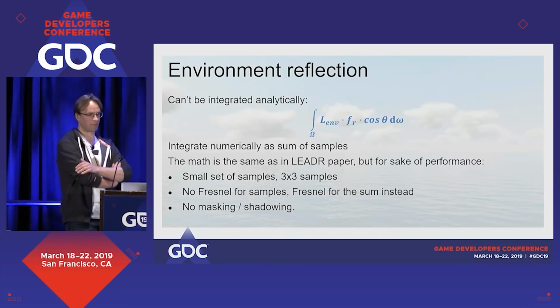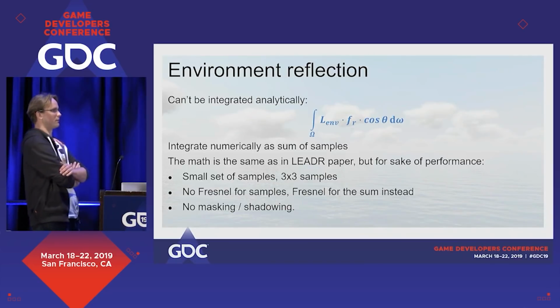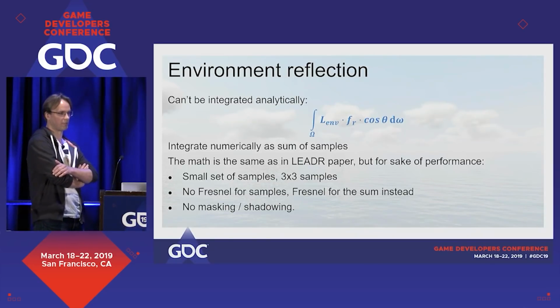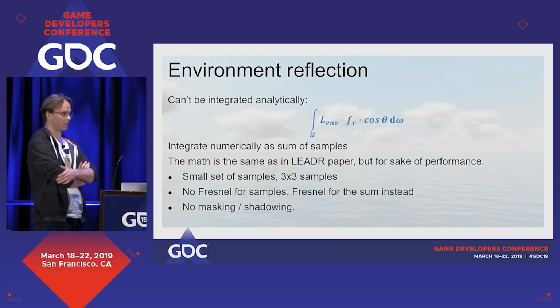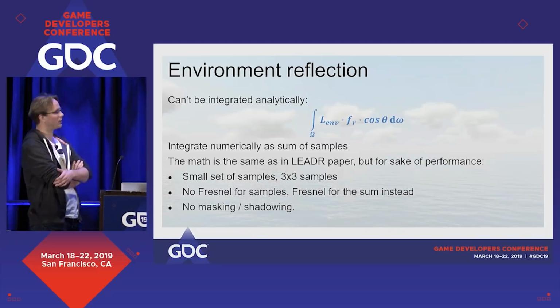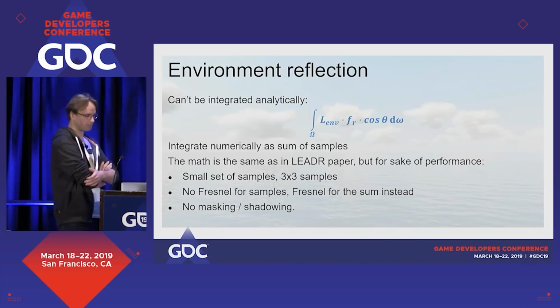Now the environment reflection. It is a little more complicated because we don't have a single light source. We have an entire environment map. So in order to calculate it, we just sum up a few samples. Just like in this LEADR paper, we use a set of samples, which are effectively cones. We just sample our environment maps with the cones. And I'm not going to go into much detail about it.